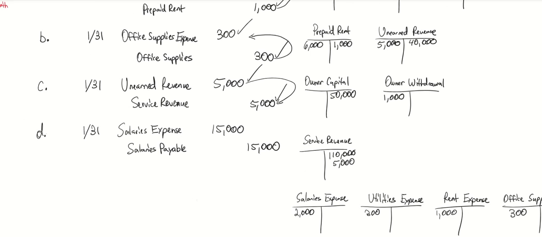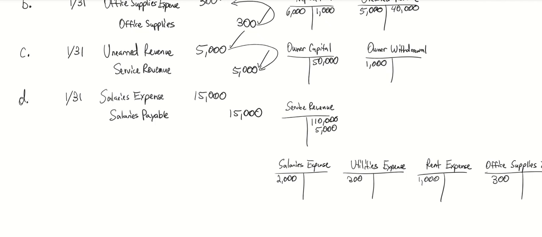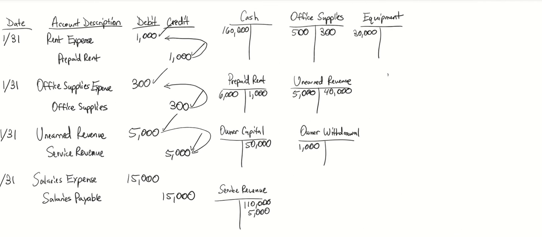Then transaction D, we have a debit of $15,000 in the salaries expense account. $15,000 is going to go on the left side of the T account. Then salaries payable is going to be a credit of $15,000. So I'm going to put in another T account here for salaries payable.